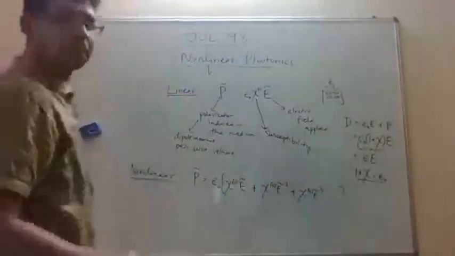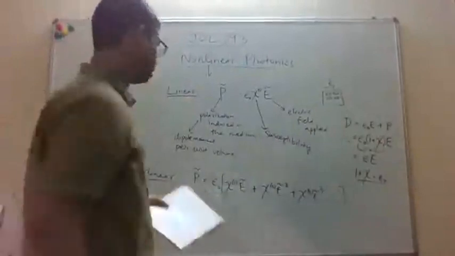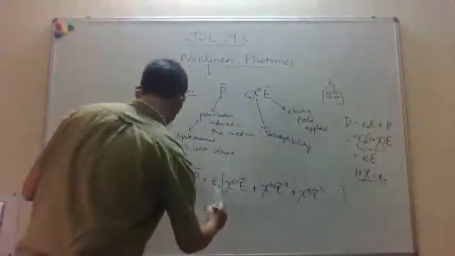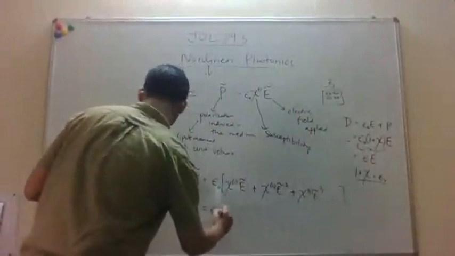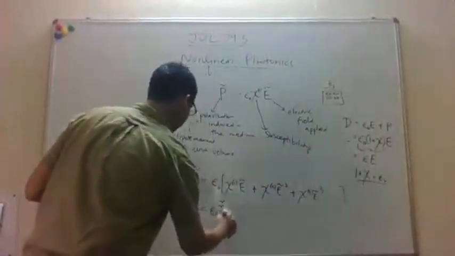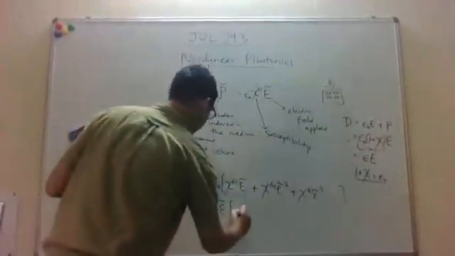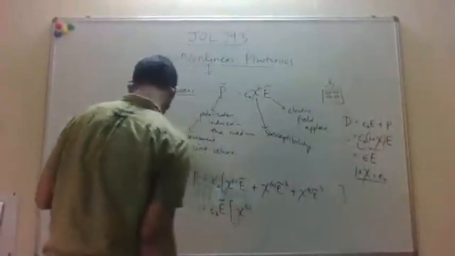So you can think of this as some kind of Taylor expansion. Okay, so if I write this like, so take one factor of the electric field outside and then write it like this.